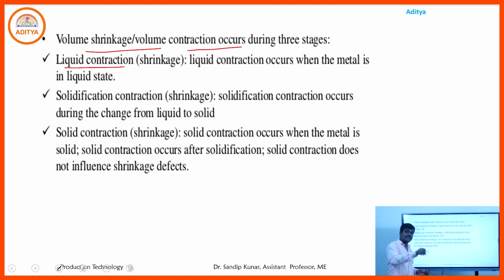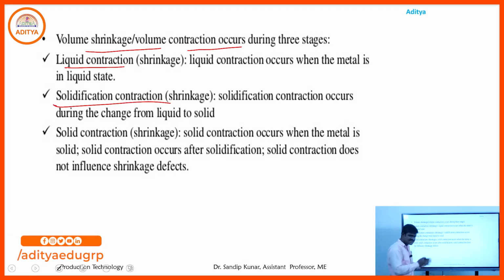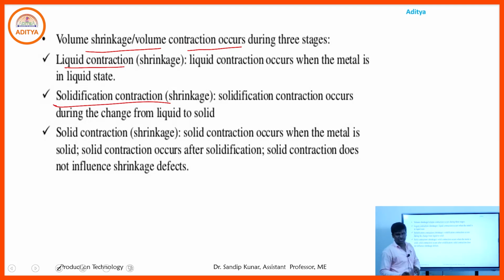Another is solidification contraction, which occurs as the metal changes phase from liquid to solid, so shrinkage occurs. Another is solid contraction, when the metal has fully converted from liquid molten metal to the solidified product.